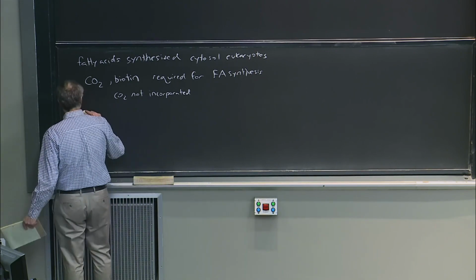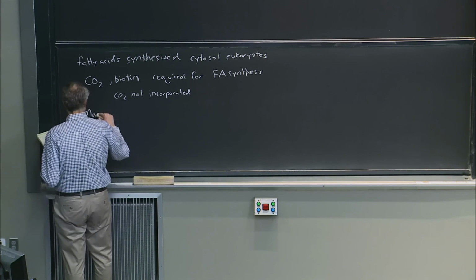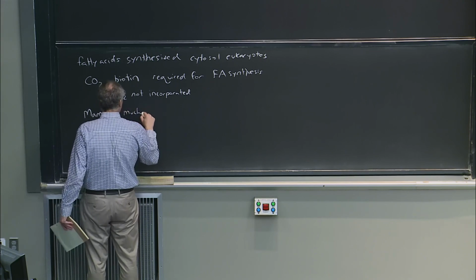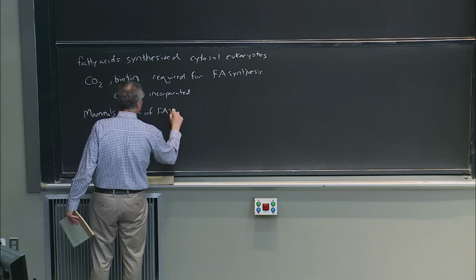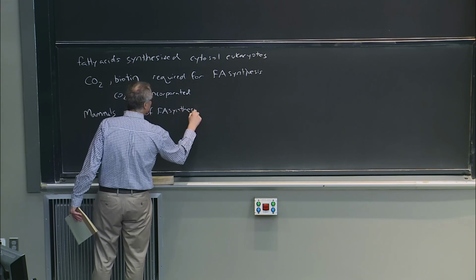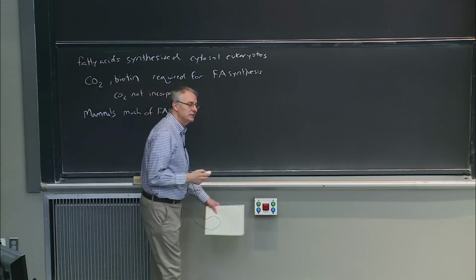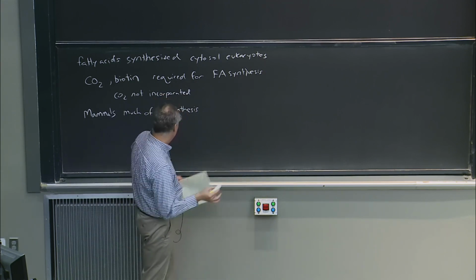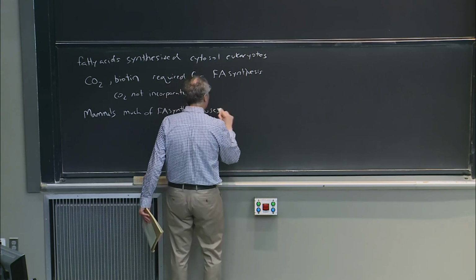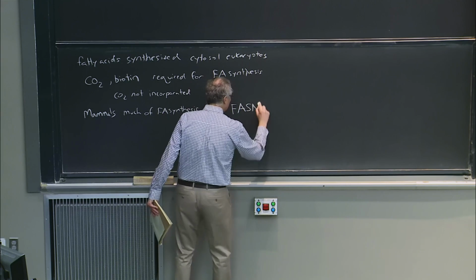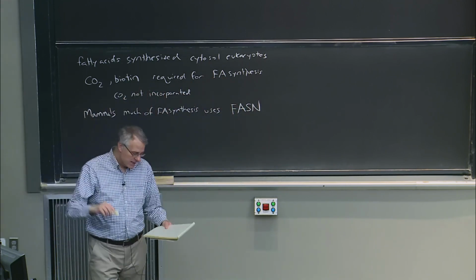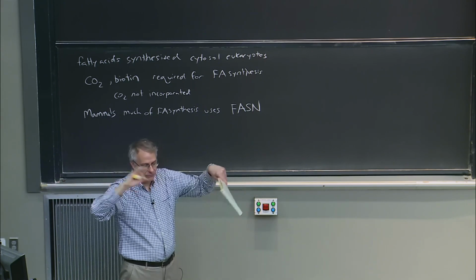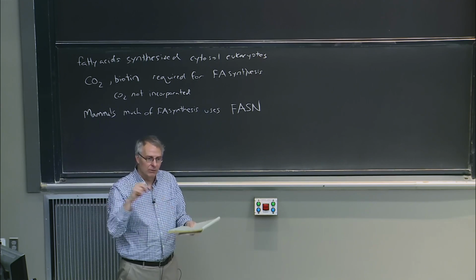Now, in animals, mammals, much of fatty acid synthesis is catalyzed by a giant single polypeptide enzyme called FASN, or fatty acid synthase complex, which is unlike other complexes we've talked about where you might have different polypeptide subunits coming together to form a complex.